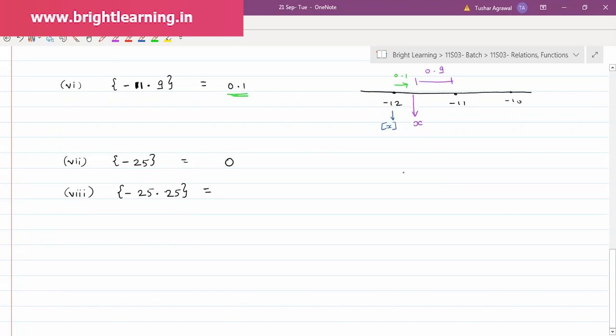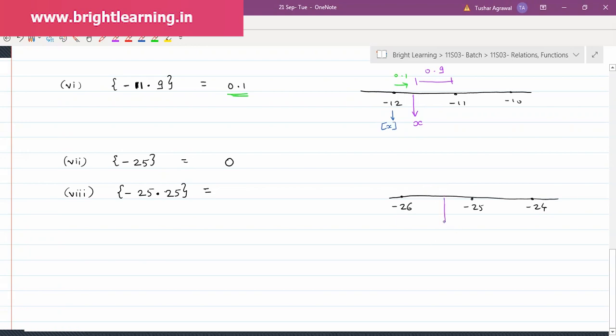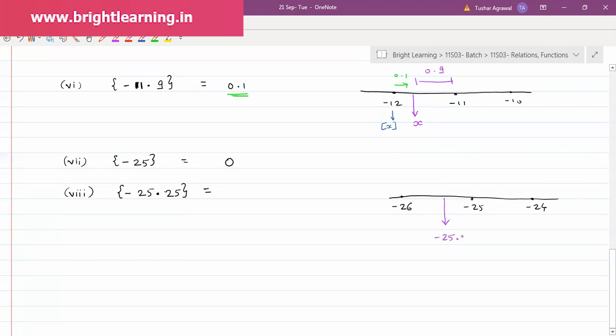Why this is complicated, I don't know. Pujita, what answers are you giving? Minus 24, here is negative 25, here is negative 26. Somewhere here is my negative 25.25. This means that this distance is 0.25. So what is the remaining distance?